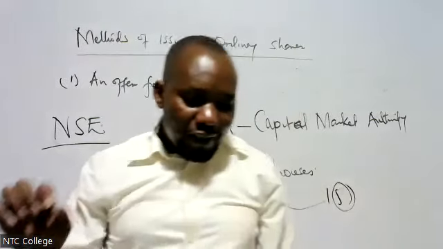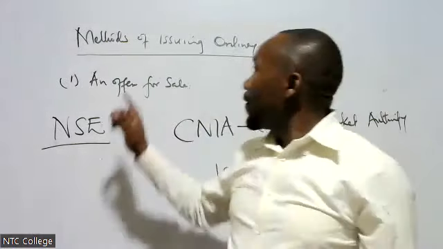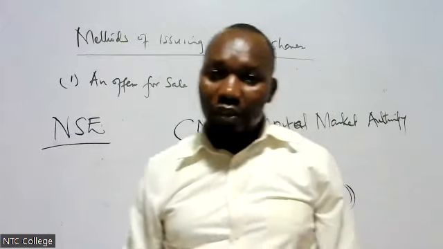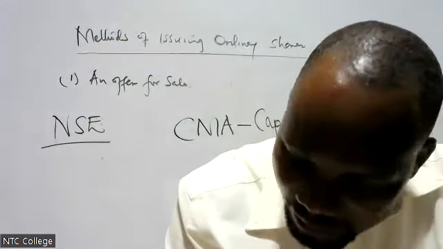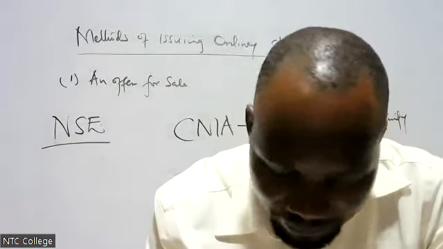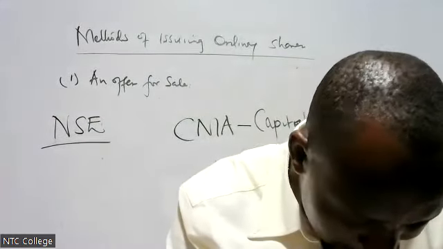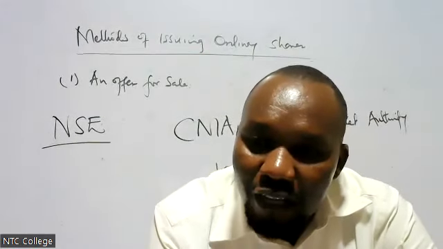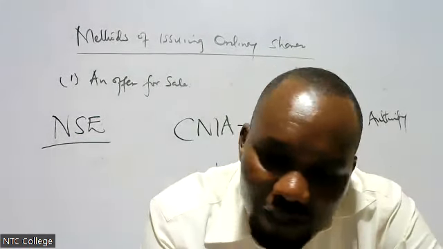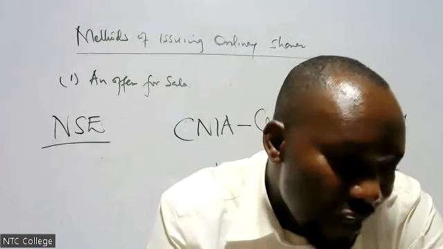Wow. Let's now look at the second method. The second method of issuing shares is called issue by company. It is normally done by large companies, the very known, popular companies. They can go and issue directly to the market.